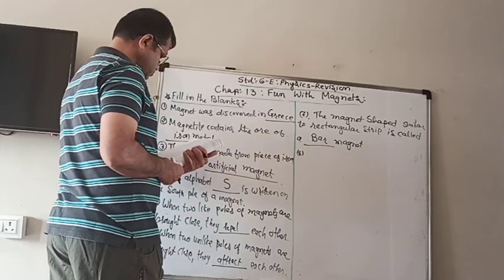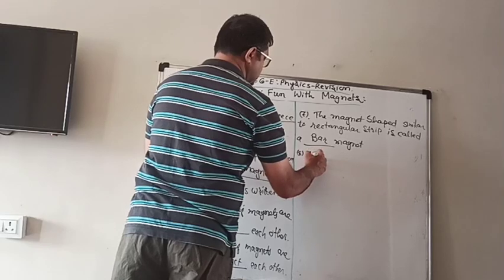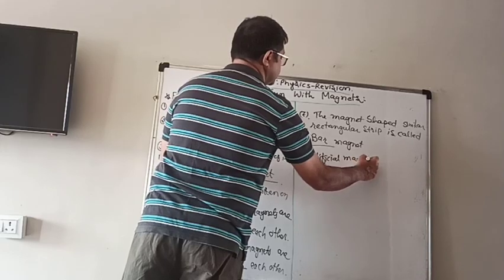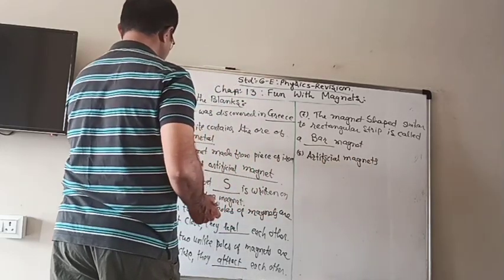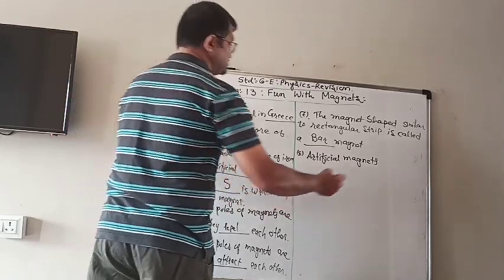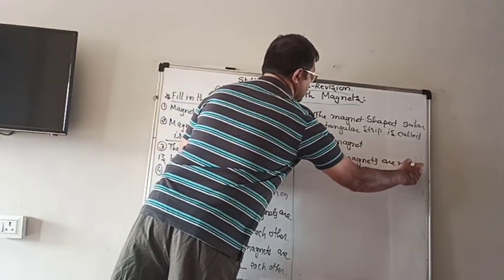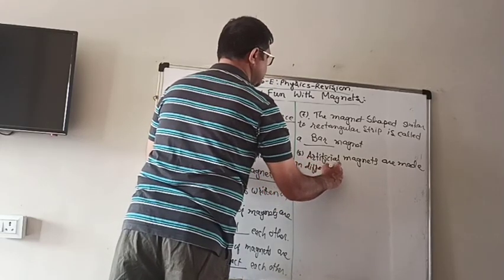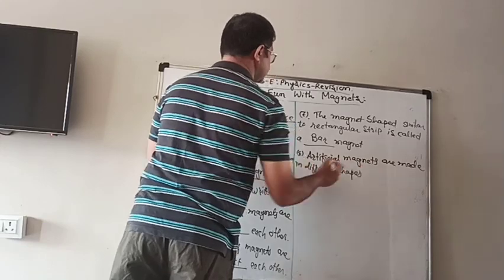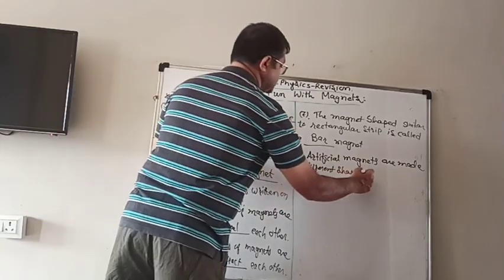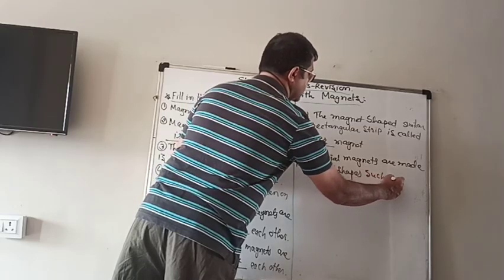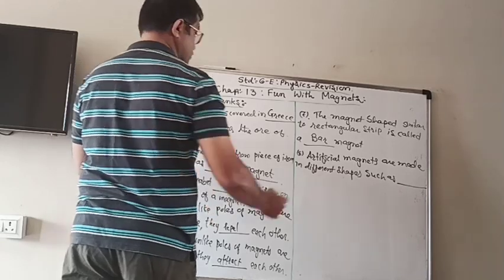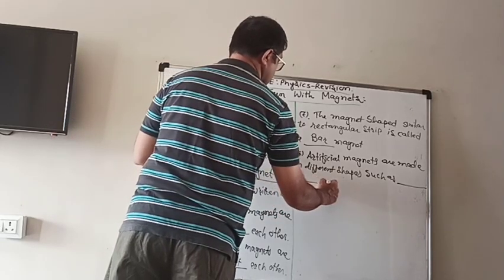Eighth, artificial magnets are made in different shapes, such as blank, blank and blank.